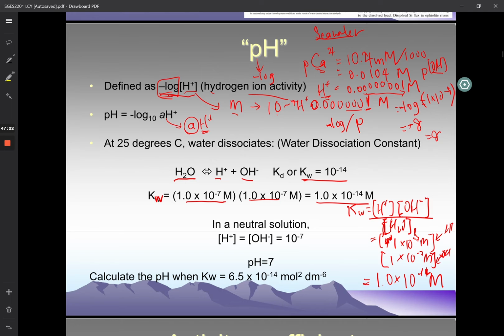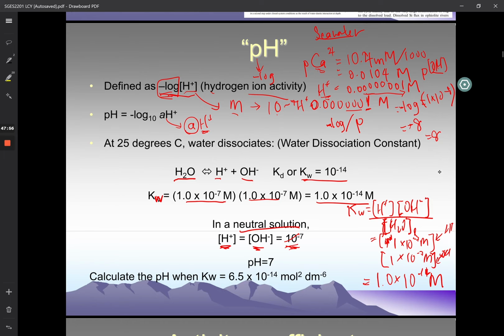In a neutral solution, H equals OH, so the concentration is 10 to the power of negative 7, which is also pH 7. You negative log it, you get 7.